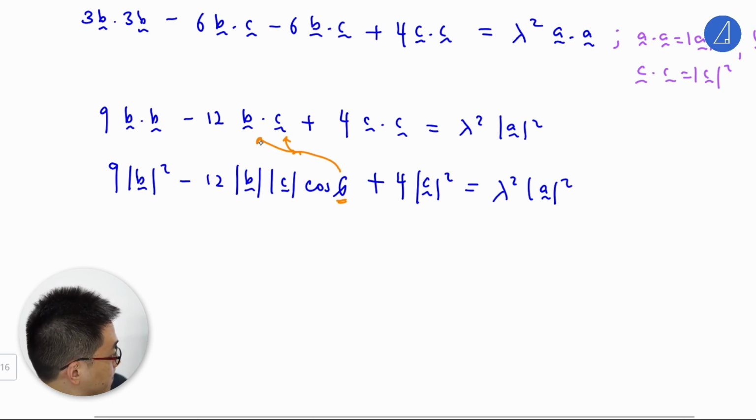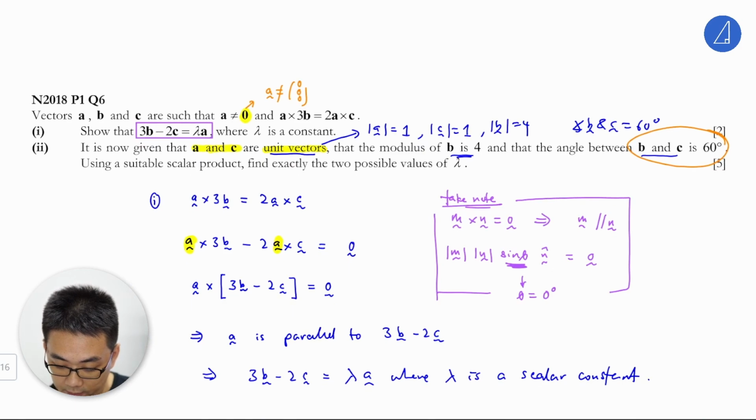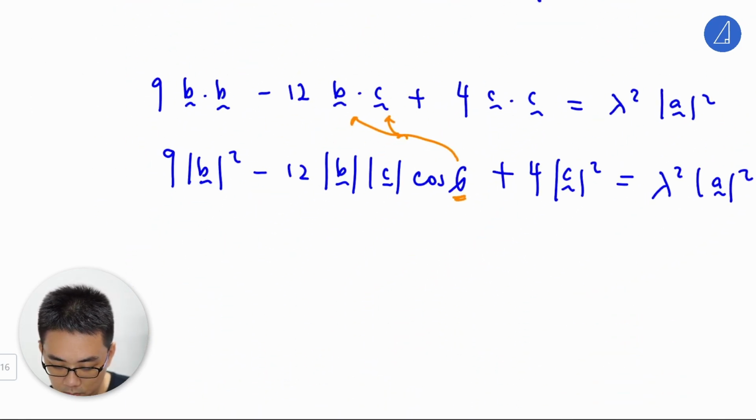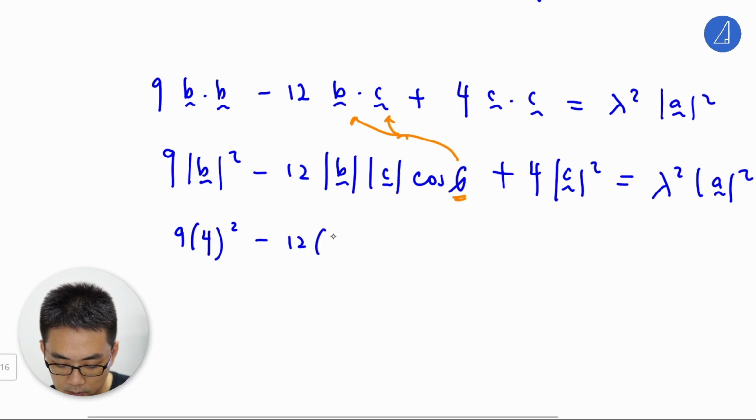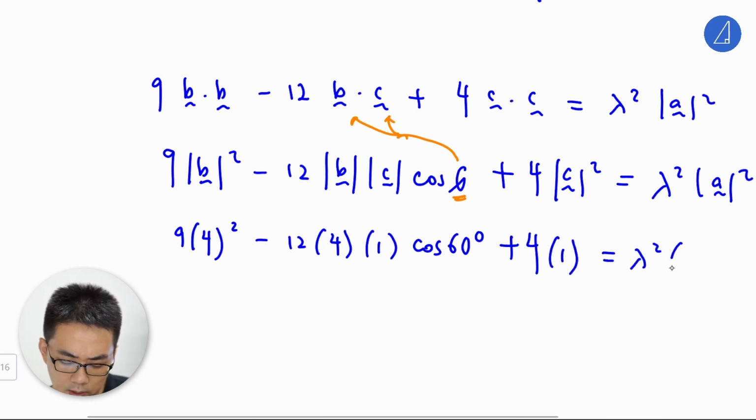For this dot product, the angle between them is what we use. So we know that modulus B is 4, so 9 multiplied by 4 squared. Modulus C is 1, cosine 60 degrees. Plus 4, modulus C is 1, 1 squared.